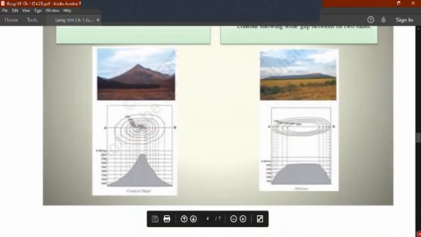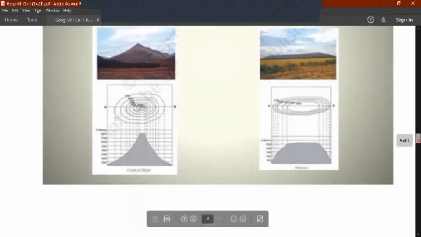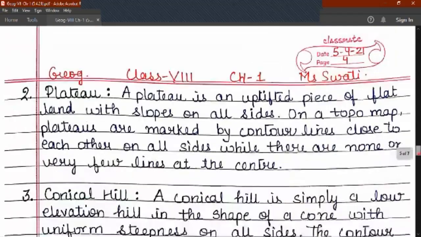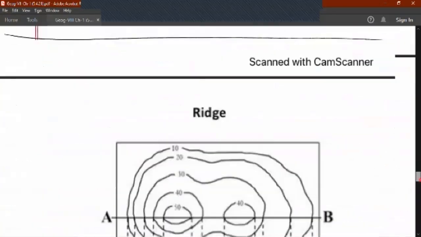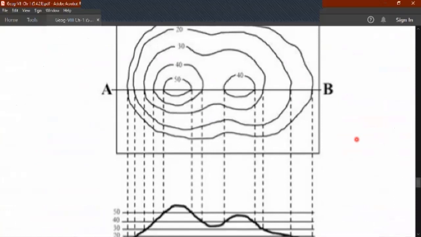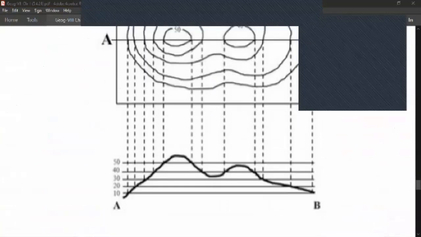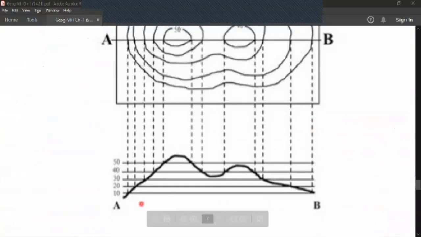The next landform is a ridge. A ridge is a long and narrow elevation that has steep slopes on either side and stands out from the surrounding lowlands.